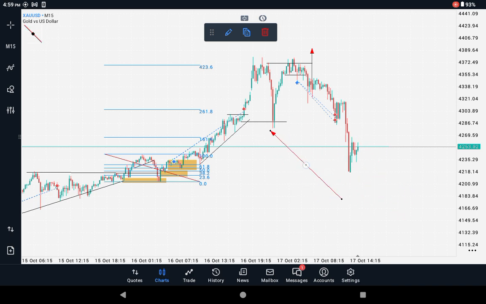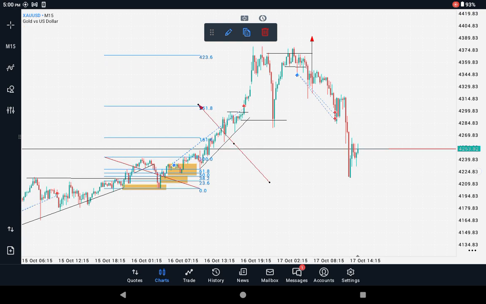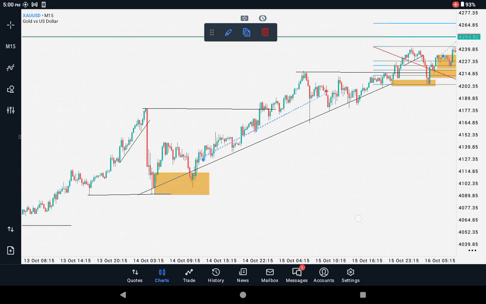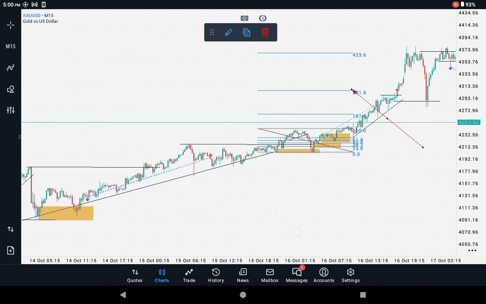You can go and backtest this using the sweep and the imbalance candle creation, and taking your profit with Fibonacci levels. It's the same Fibonacci level that I used to take my profit here.